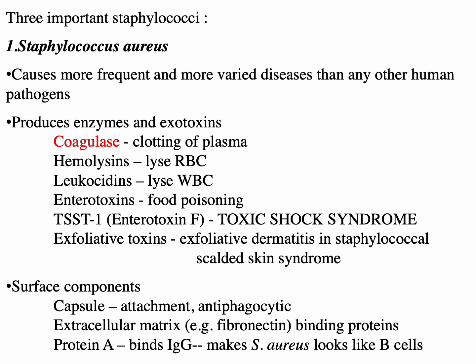So you ask why they want to make the plasma clot. I think that's probably something to do with it. They want to wall off themselves from the immune components.